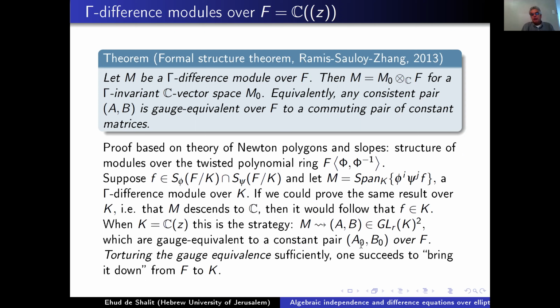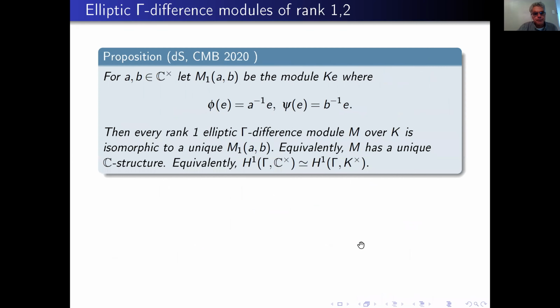So you manage to bring down the gauge equivalence from F to K, and therefore to prove that with respect to a different basis, M is given by constant matrices, in other words, that it is really obtained by extending a representation over the complex numbers. So this is the strategy in all those cases in the paper from 2019 by Schäfke and Singer.